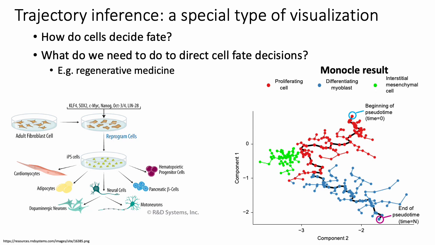Trajectory inference just refers to the huge number of methods available for finding these trajectories and doing downstream analysis to figure out what kinds of genes are changing in expression as you move from the start of differentiation to the termination of differentiation.